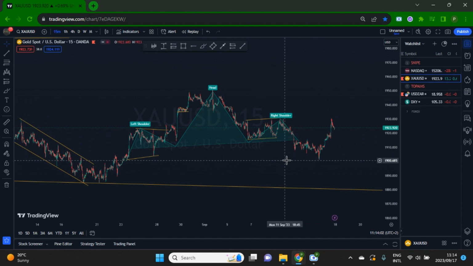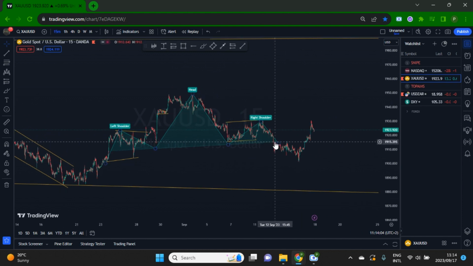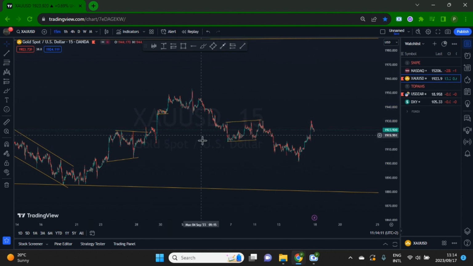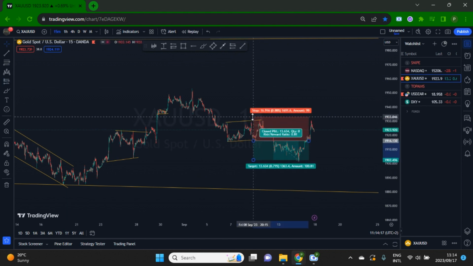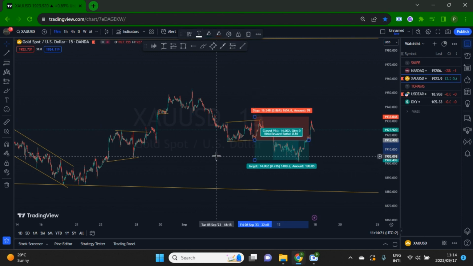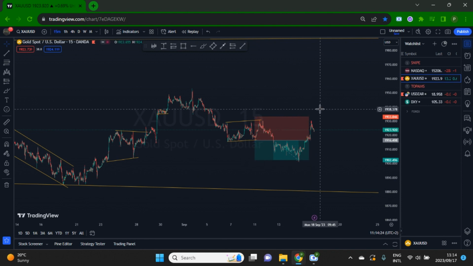This is what I'm anticipating. I was anticipating that price is going to move to the downside, but then price came back up, as you can see. So here, this is because of a target to go downside like this. And it did go downside, but then it's back up.